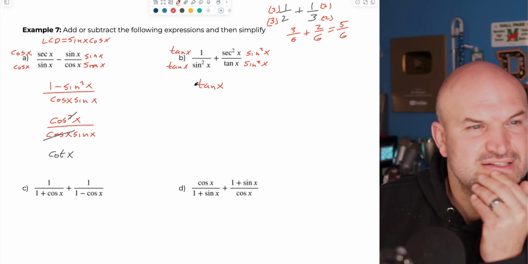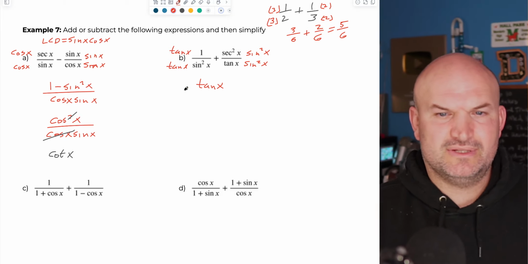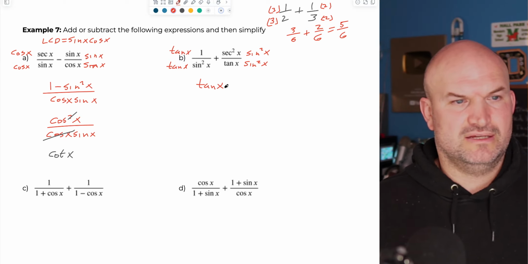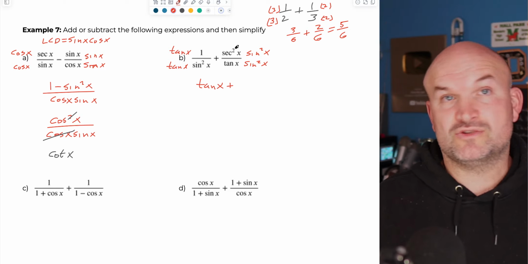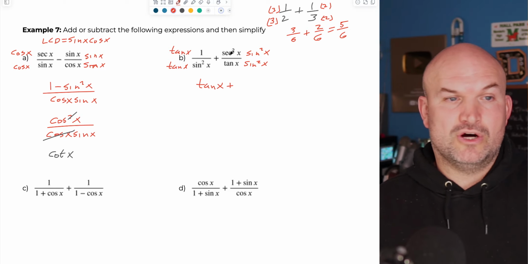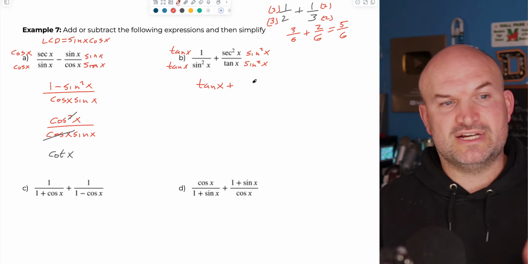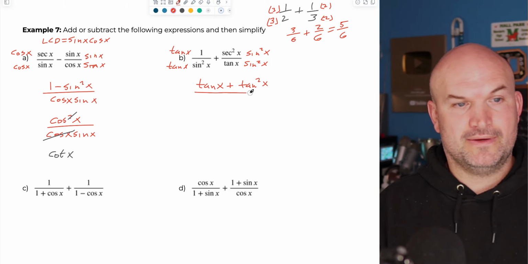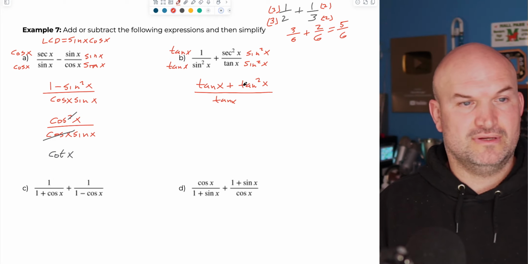Tangent of x, yeah, okay. So I'll have a tangent of x plus, now here I can rewrite secant squared as 1 over cosine squared, right? So 1 over cosine squared times sine squared would be sine squared over cosine squared, which would be a tangent squared of x, divided by a tangent of x times a secant squared of x.